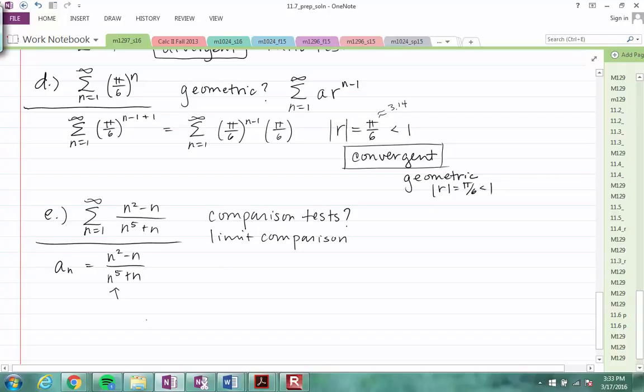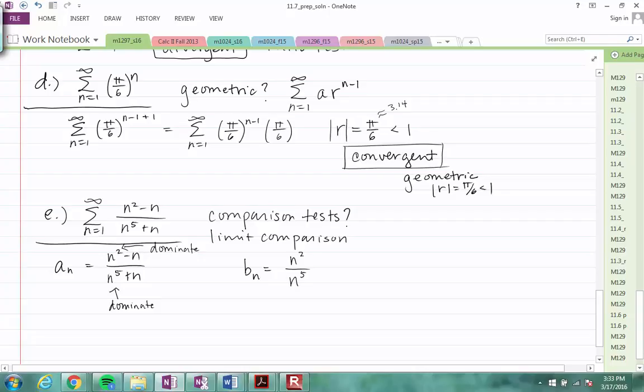So a little game to play is, in the denominator, notice that the n to the 5th is going to dominate as n goes to infinity, and n squared is going to dominate in the numerator. So a nice, cute, simple b sub n, for which we could determine very easily the convergence or divergence of its infinite series, would be the dominant terms in this case. If you have factors, aka multiplication, then you gotta play a little bit.